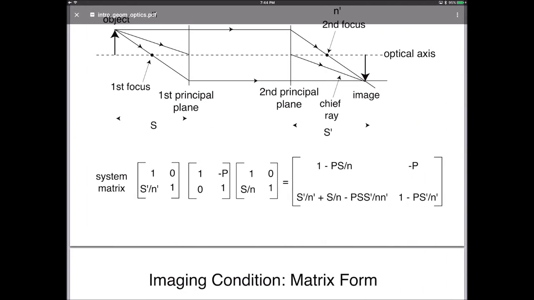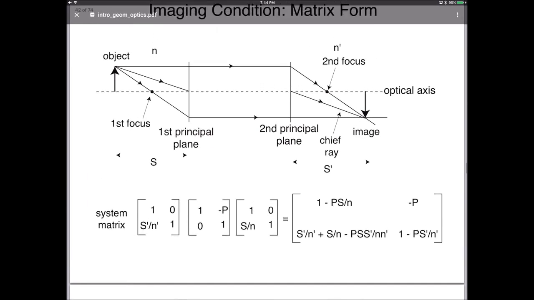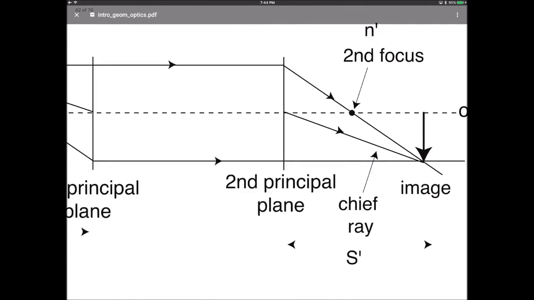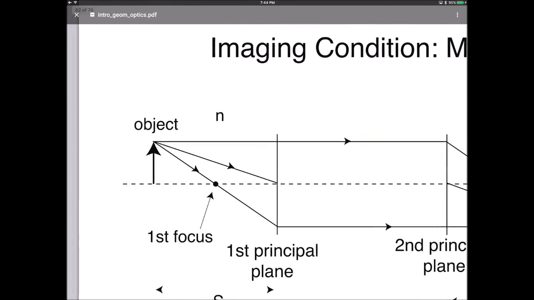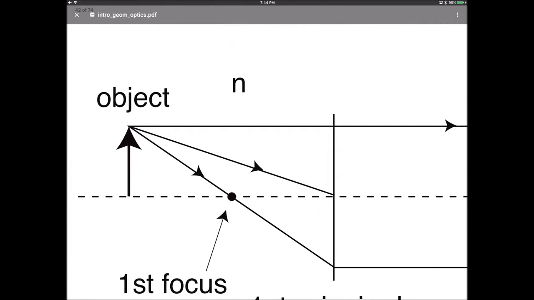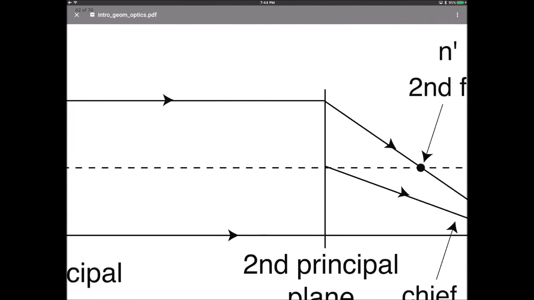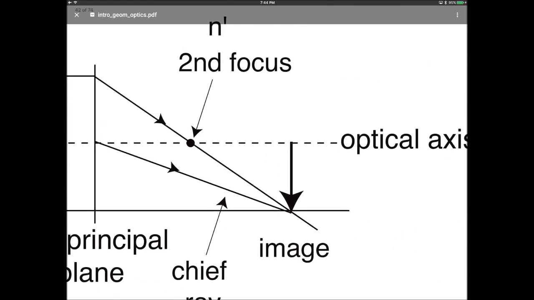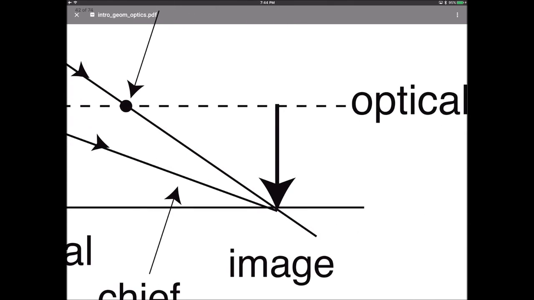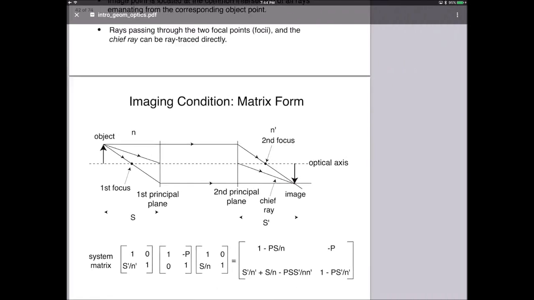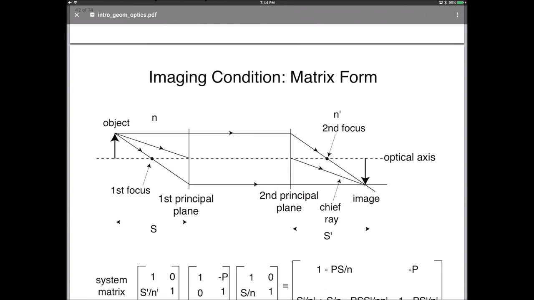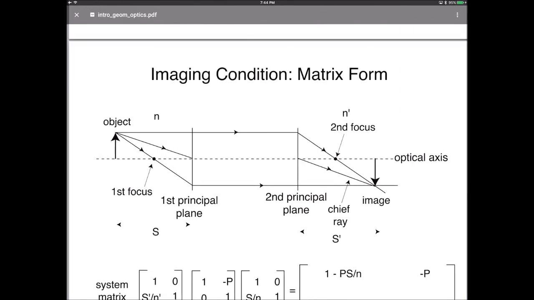So now, what is the imaging condition? The imaging condition means that when you have a proper image, all the rays that came out of the object must have been collected by the optical system and brought in to one point, which is the image. So the rays must come together irrespective of the angle at which they came out from the object.